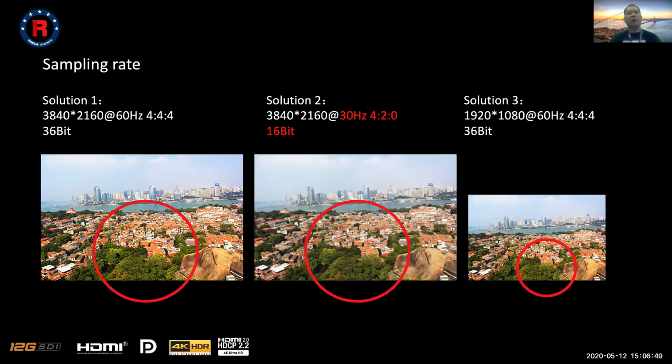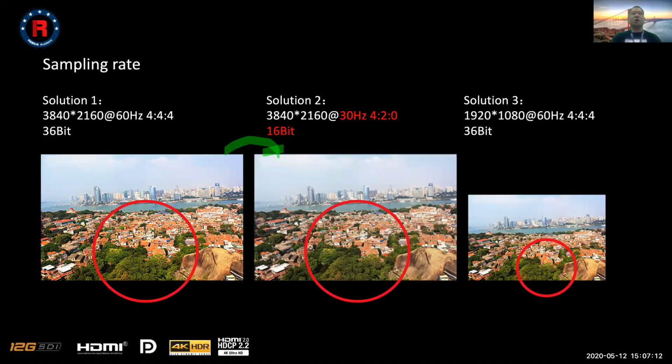If you compare this picture very clearly to the next one, the sampling rate is 420 and the bits is only 16.